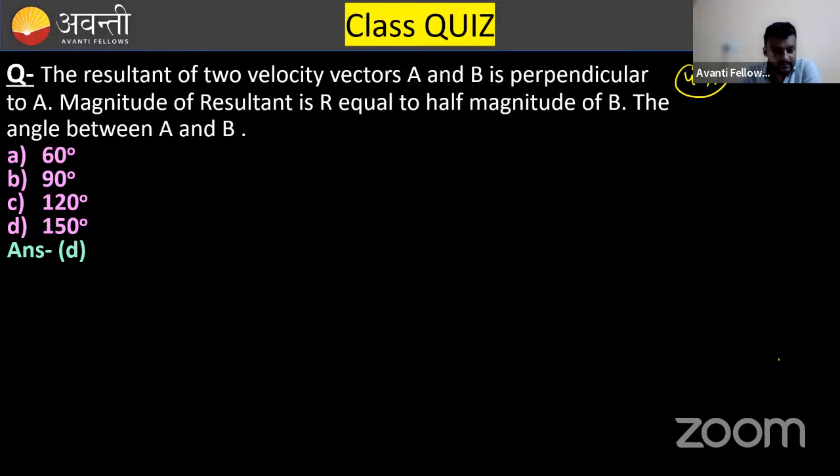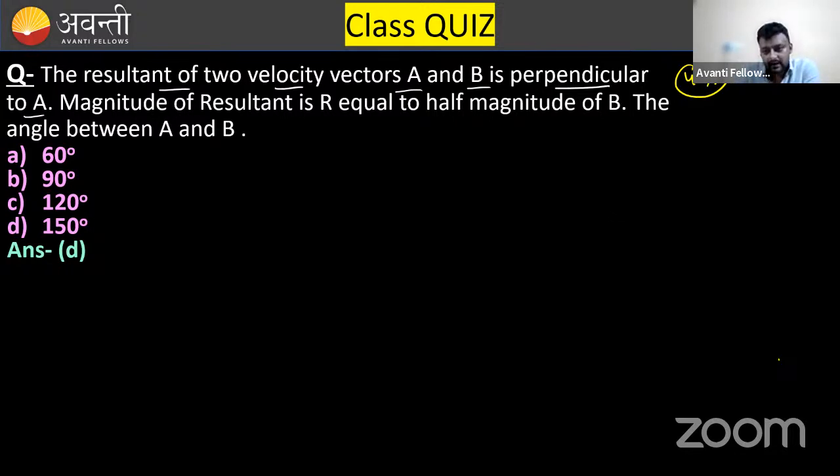The resultant of two velocity vectors A and B is perpendicular to A. So there are two vectors; it doesn't matter that they are velocity, two vectors A and B are there.